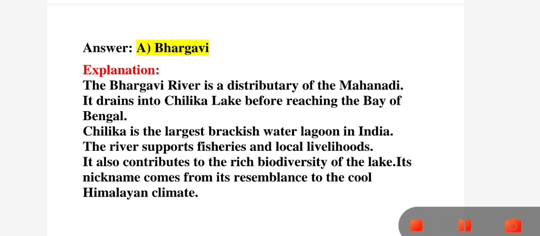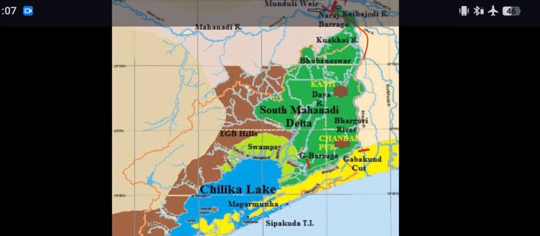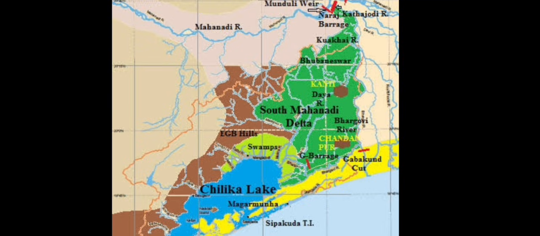So let us look into it. This is the Mahanadi Delta and the rivers that is Daya and Bhargavi. Okay, here is Daya river and here is Bhargavi river that enters into Chilika and that feeds fresh water into the Chilika, and drains into the Bay of Bengal.